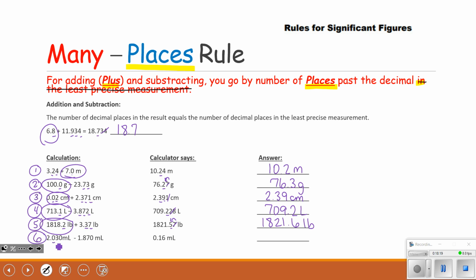For this measurement, you've got 3 places past the decimal. For this one, there's 3 places past the decimal. They both have the same precision. This answer that pops up in your calculator does not quite have that precision, so you've got to add a 0 in there to make it have 3. So this is expressed as 0.160 milliliters, because it's got to match the precision of the measurements that were taken for it.